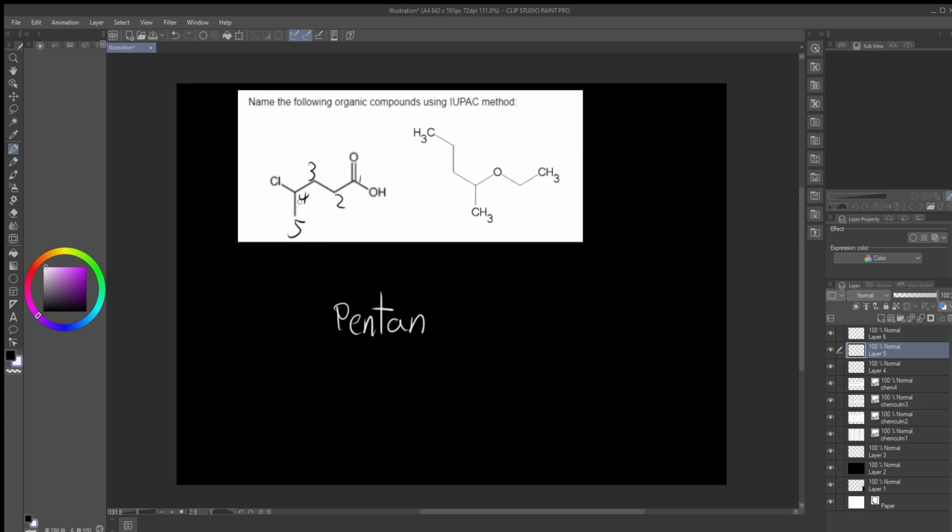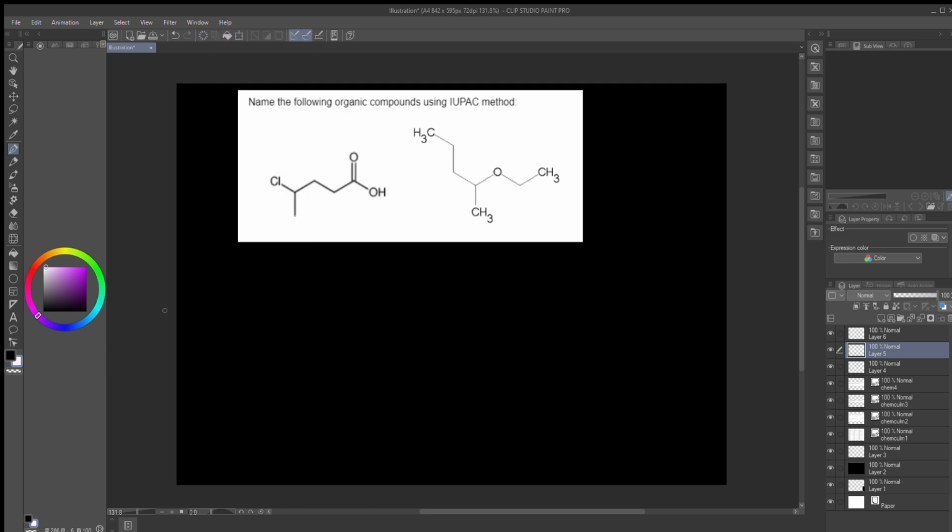And then the prefix for this will be based off of the chlorine here. Since it's on the 4th carbon, we will put the number 4, followed by a dash, since dashes separate numbers and letters. Then it will be chloro, pentan, and for the suffix, we have -oic acid: 4-chloropentanoic acid. And so we have the main, the prefix, and the suffix. And that is the name for this molecule.